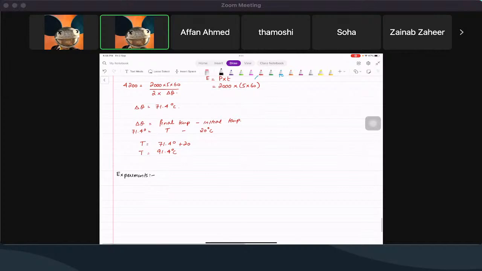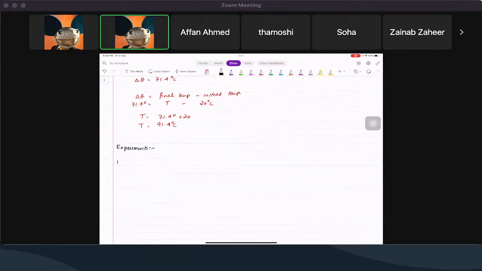The first experiment is finding the specific heat capacity of a solid.